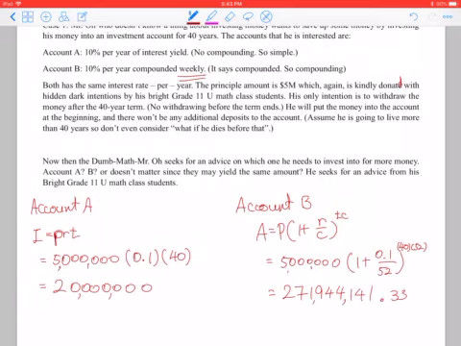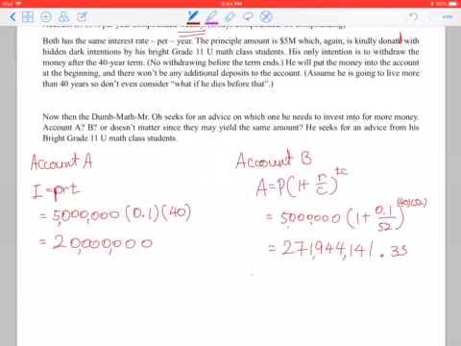271,944,141.33. So let's put the comma so that I know. So I have 2 billion. No, this is not 2 billion. 271 million, I think. So it is $271,944,141.33. So my interest amount in this case will be this amount minus my principal, which is 5 million, right?